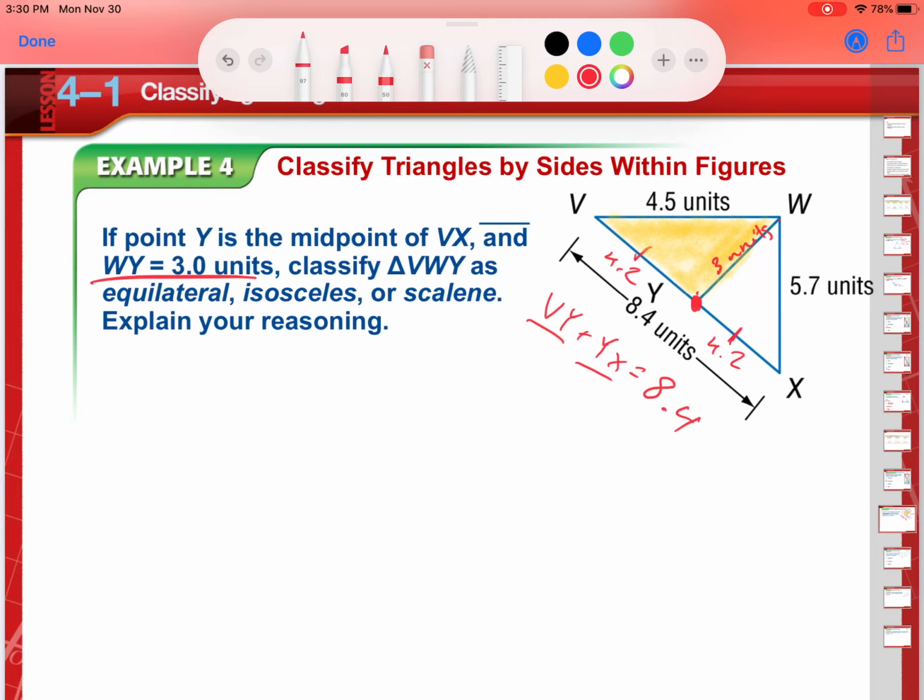So I would say this is 4.2 and this is 4.2 units. So now that I know all of my side lengths, I can determine that that yellow triangle would be scalene.